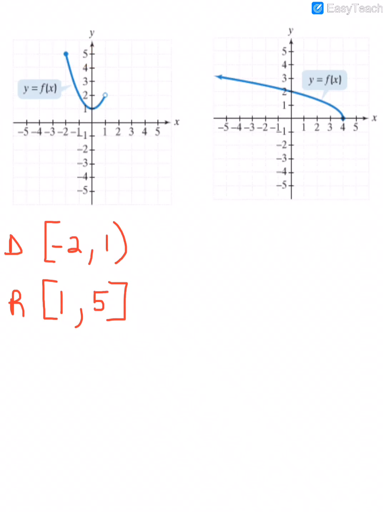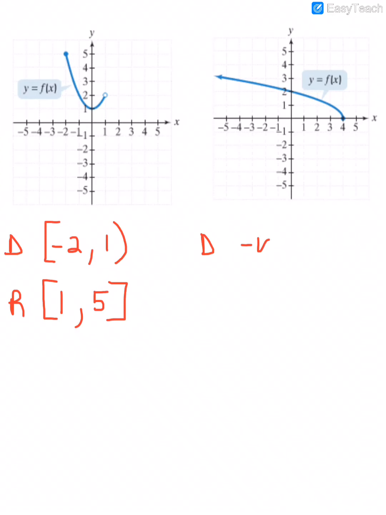All right, so then for the next graph, if we start with our domain, left to right, this time, what do we see here at the end? We see an arrow, so that means it keeps going. So it continues going to the left forever. So if we keep going to the left, where's that headed?